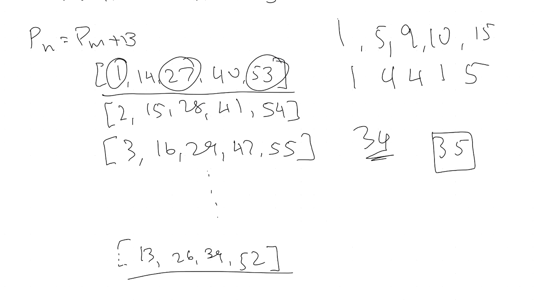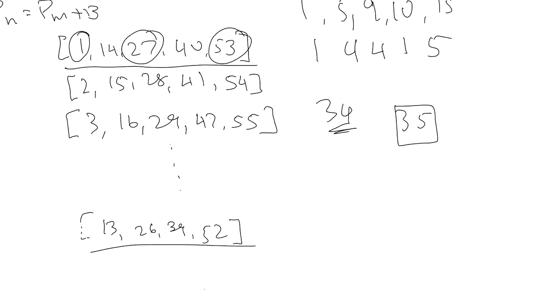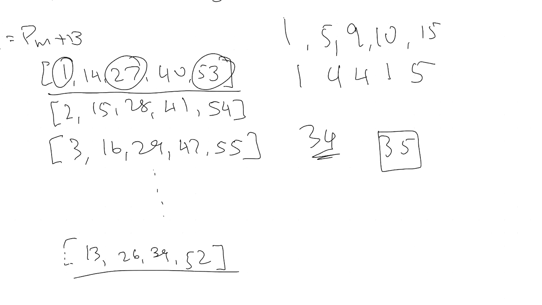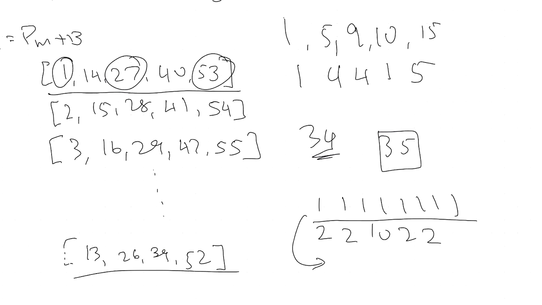And you can do some subtraction and stuff, and you can get that our final sequence is 8 ones followed by 2 2s and a 10 and 2 2s. And then you repeat this again, which is 8 ones.